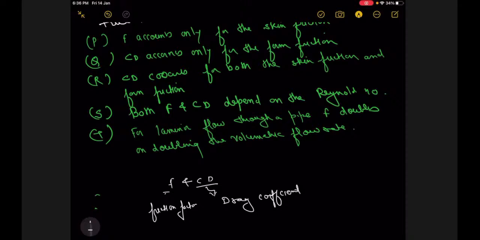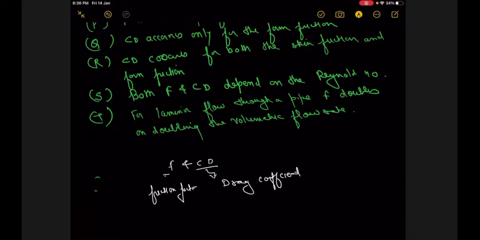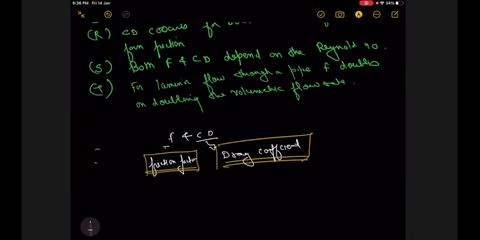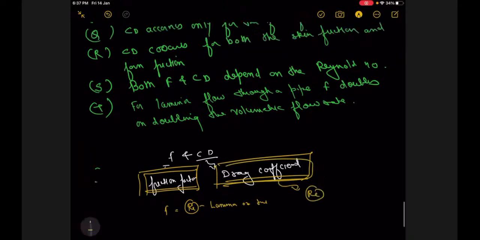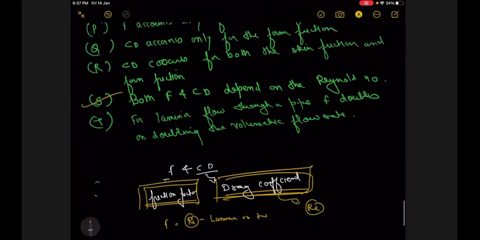While talking about friction factor, F is always a function of Reynolds number, whether it is a laminar flow or turbulent flow. Similarly, drag is also a function of Reynolds number. So S is correct. Both F and CD depend on Reynolds number.